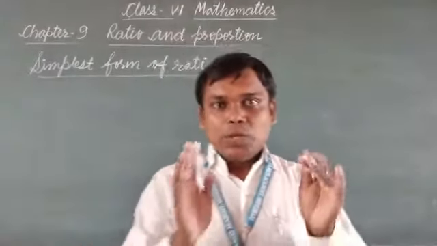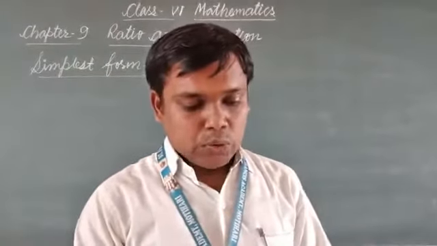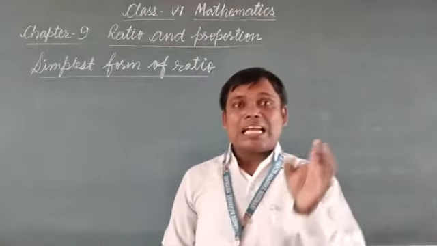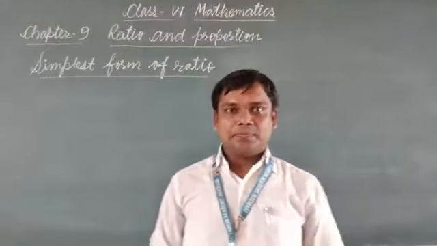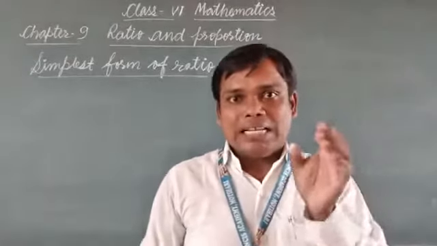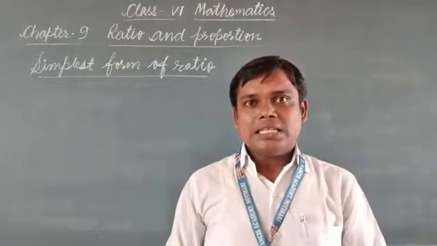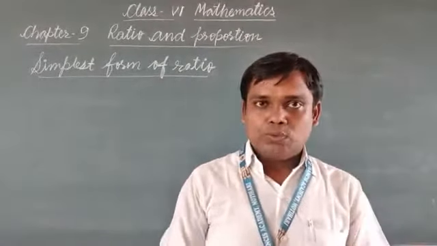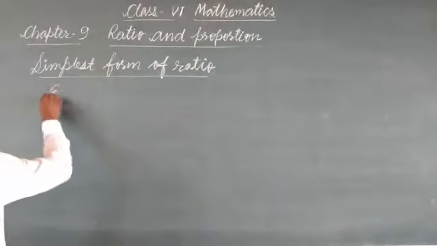Then we will be left with the simplest form of the ratio. Another method is to calculate the HCF of the numerator and denominator and then divide each term of the ratio by that HCF to get the simplest form of the ratio. Example: find the simplest form of the ratio.